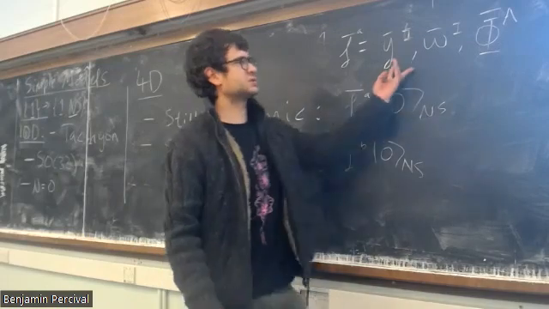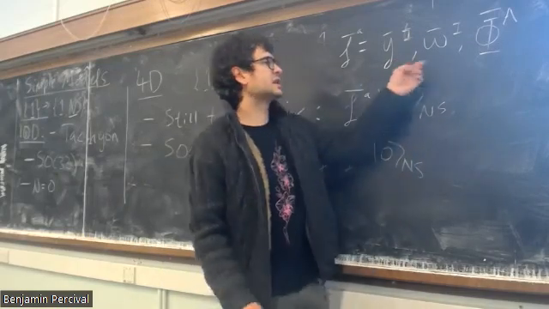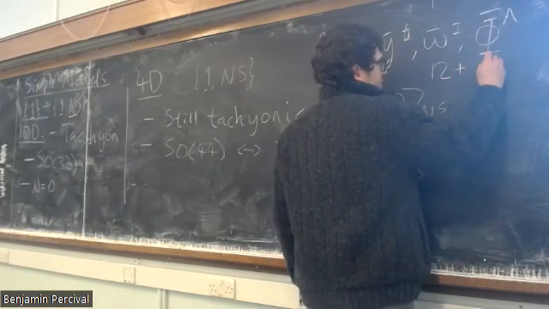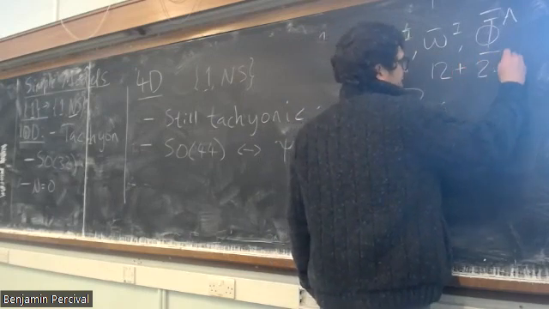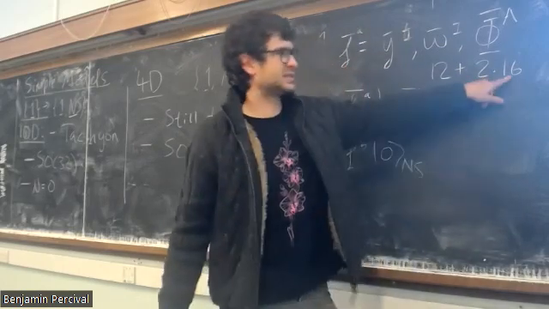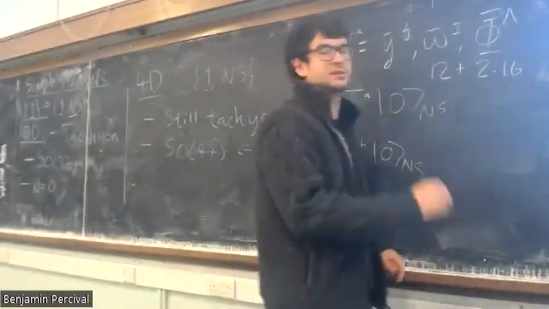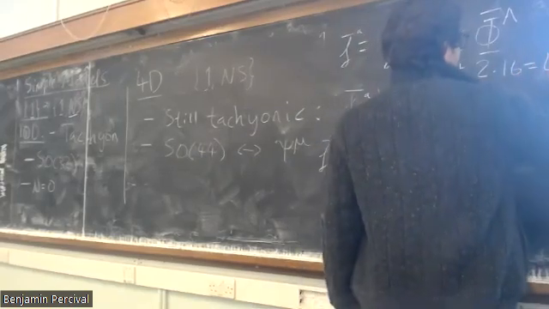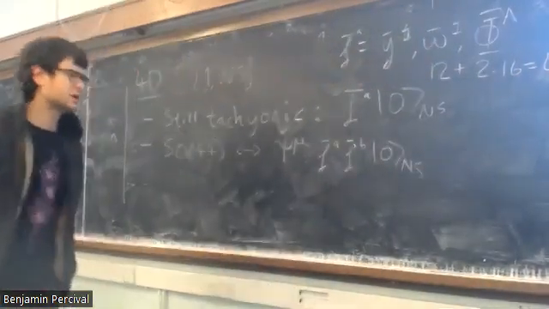Yeah, because there's an extra 12. So you could say this is a 12 plus 2 times 16. So really the 16 complex is 32 real. So there's 44 real fermions.